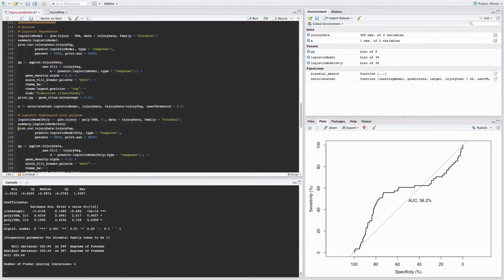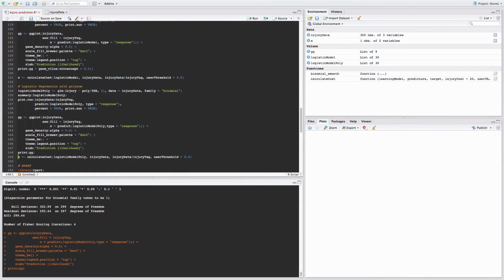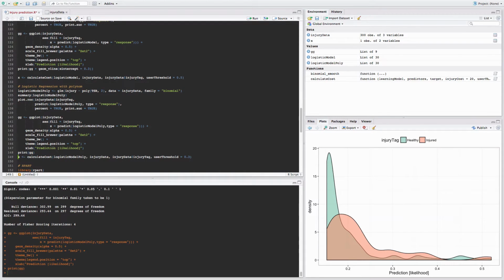I'm gonna show you the summary. As we can see, they're both statistically significant, both training stress balance and training stress balance squared. They're significantly associated with the injury. So let's plot the distribution first. So again, I'm plotting the two classes, the two real classes, and the prediction by the model.